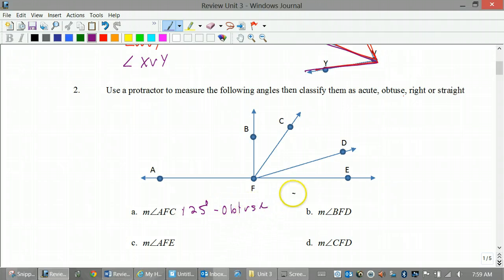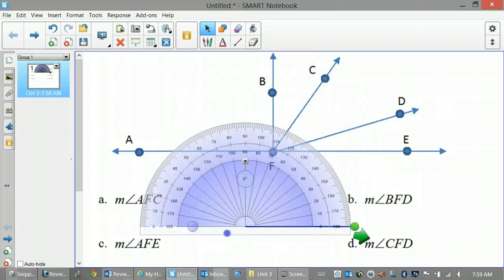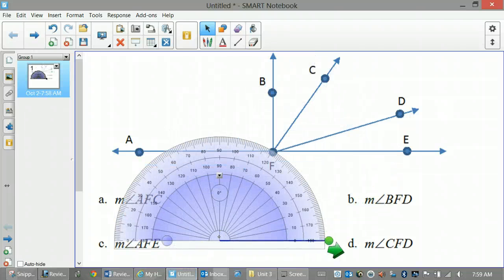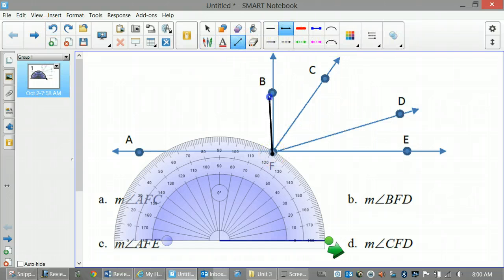Let's go ahead and crank out the next one. BFD. So we want this angle right here.